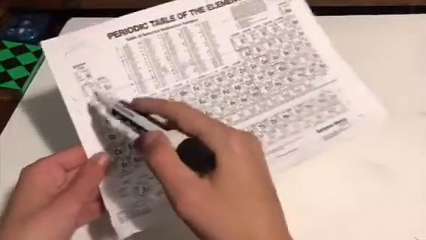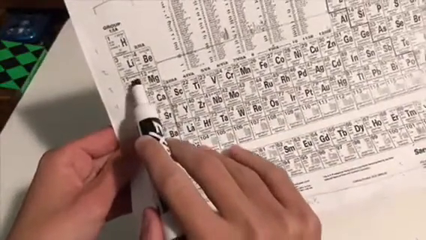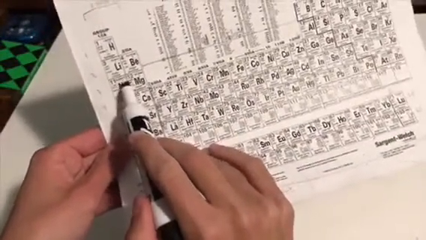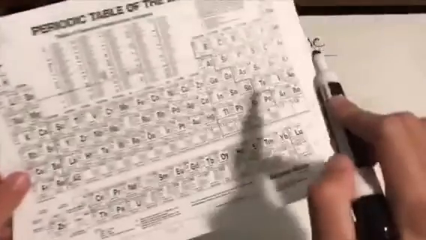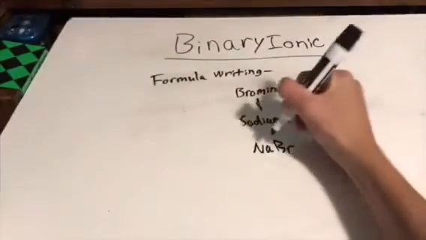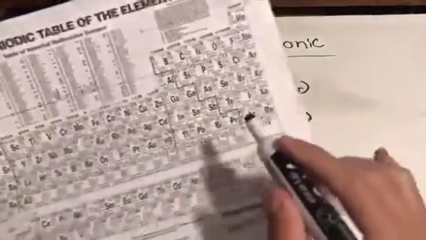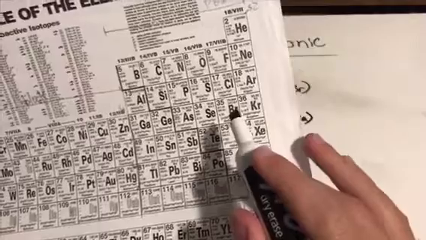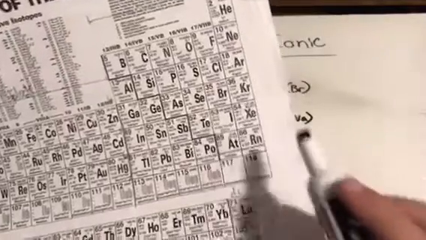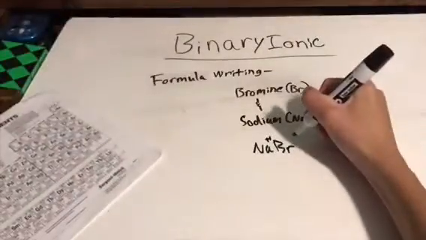For sodium, you can see right here, it would be a positive 1 because it wants to lose 1 electron to become a noble gas. Bromine, right there, would be a negative 1 because it wants to gain 1 more electron to be like a noble gas.